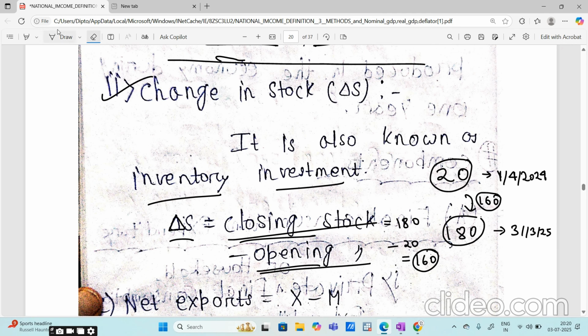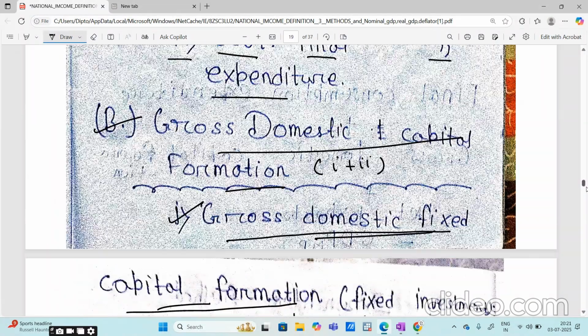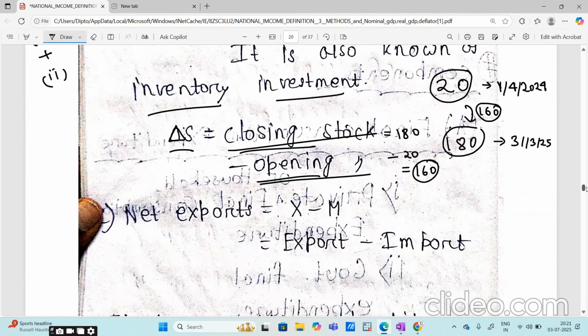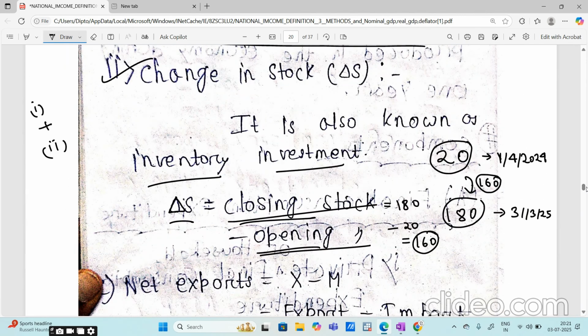Okay, so if I add part 2, which is the change in stock, with part 1, what is part 1? Part 1 is basically gross domestic fixed investment. Then I am getting part B. What is that part B?